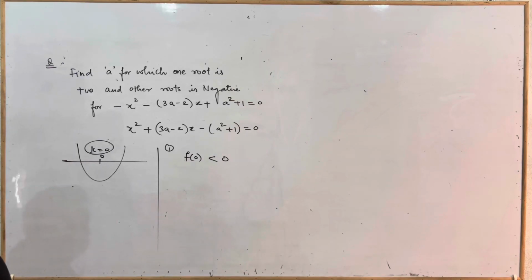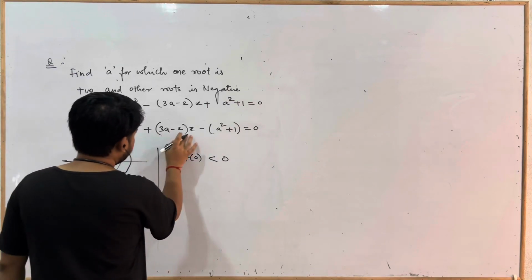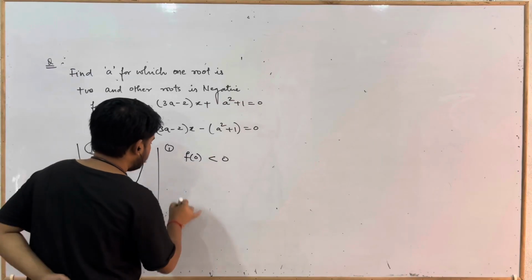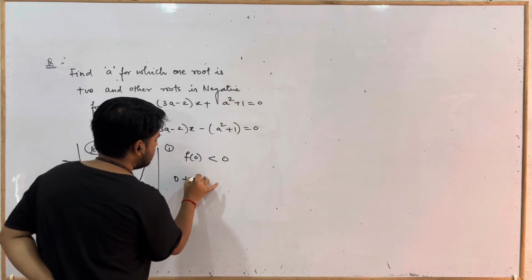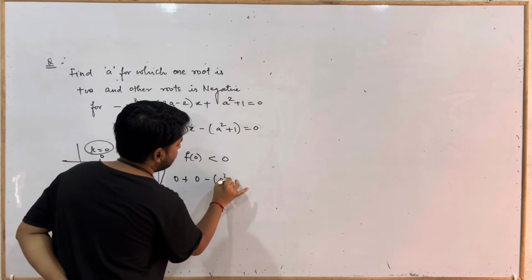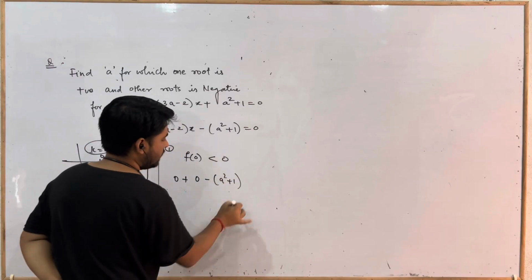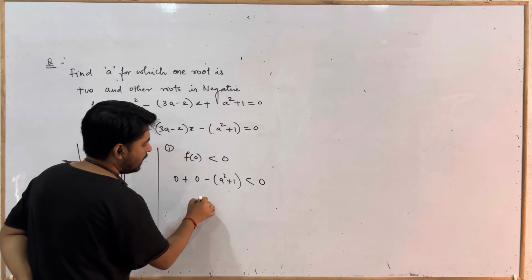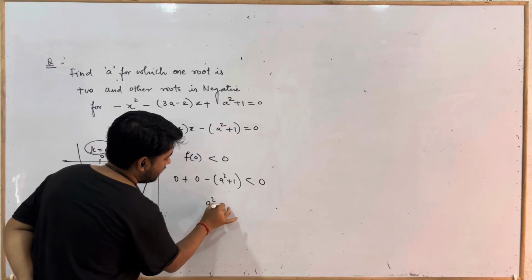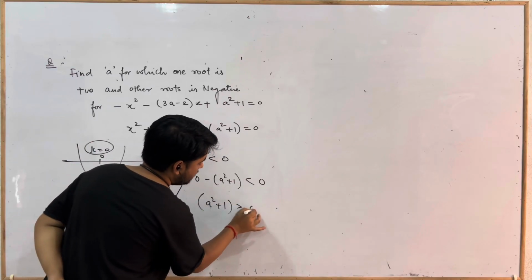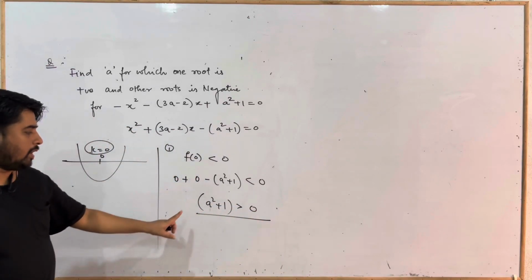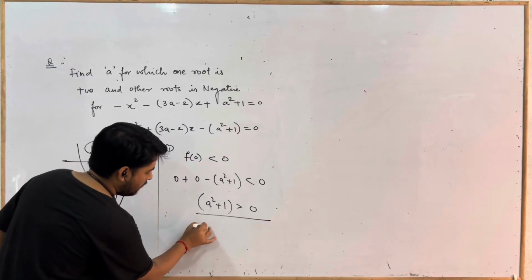So what is f of 0 here? If I put 0, that means 0 plus 0 minus a square plus 1, which is greater than 0. If I multiply both sides by minus, a square plus 1 is greater than 0. So what is a here?